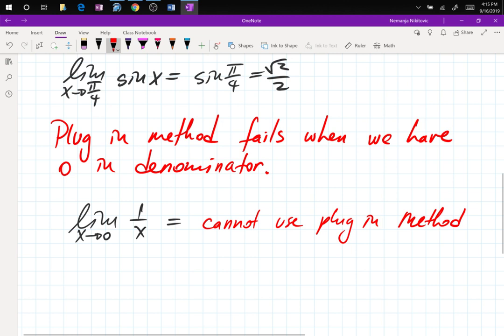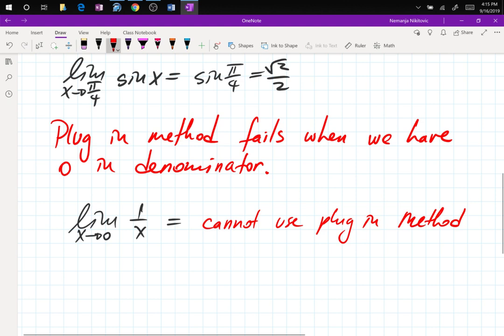And the next scary part, which is what damages most of the grades, is when you say, oh, 0 in denominator, limit does not exist. Hell no. We'll see examples where you have 0 in denominator and the limit is a number of some sort. So you have to be very careful with the 0 in denominator.